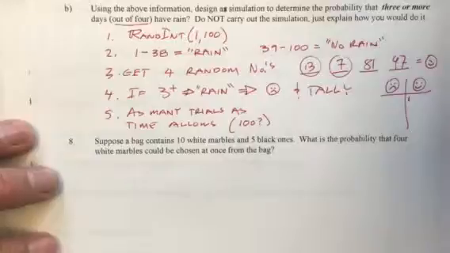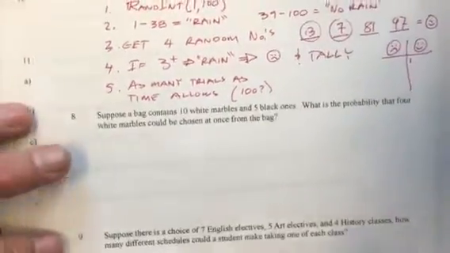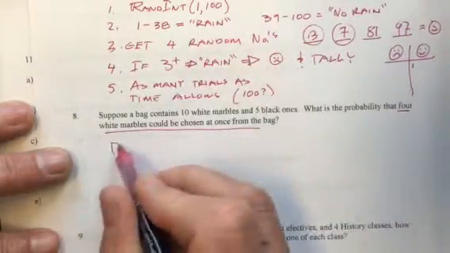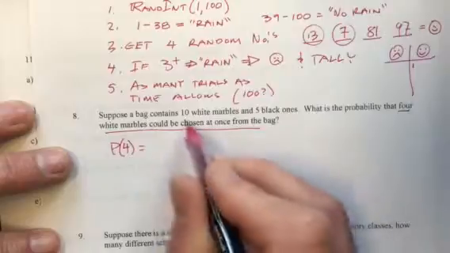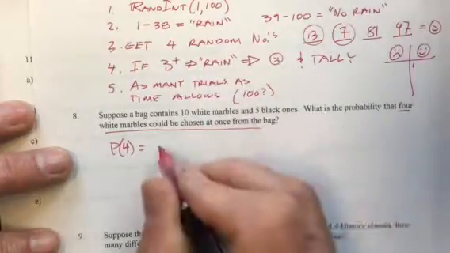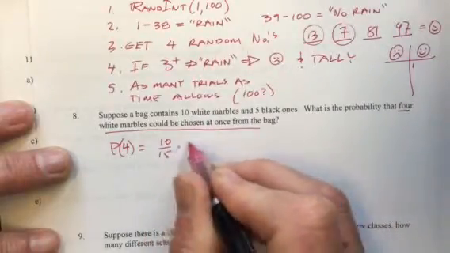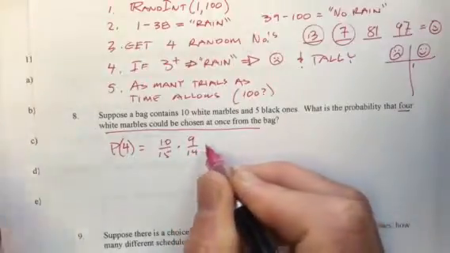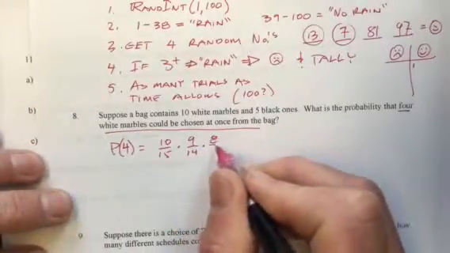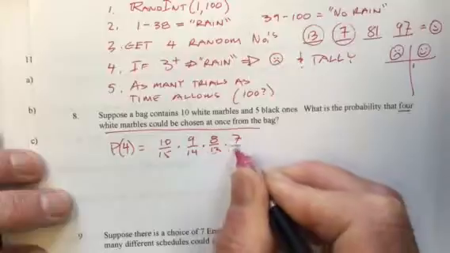So if I've got a bag of marbles that's got 10 white marbles and 5 black ones, with the probability that I get 4 white marbles at once. So P4 is going to be equal to, well, that's a total of 15. So that's 10 out of 15 times 9 out of 14 when I have that marble in my hand, 8 out of 13, and 7 out of 12.